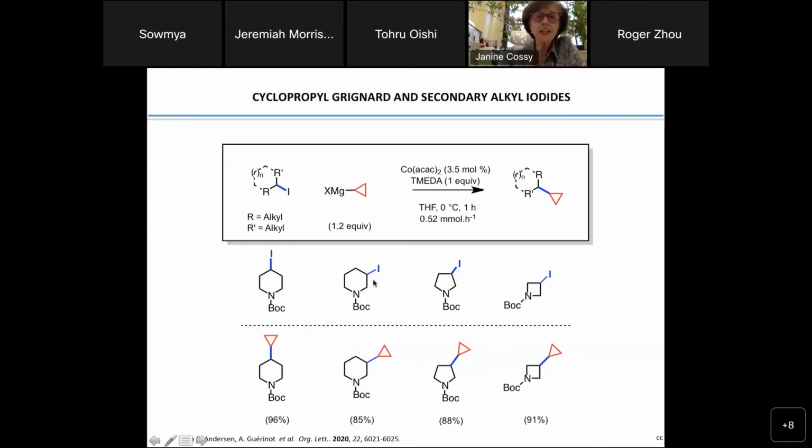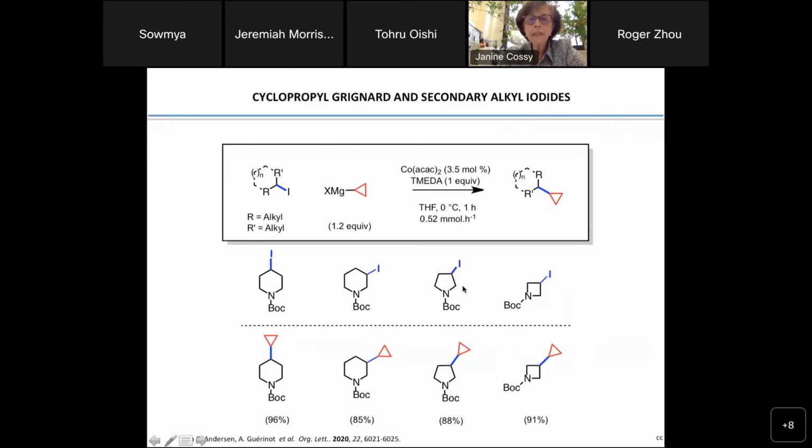And more challenging is this piperidine with a 3-iodo group at this position. Here also, the yield is pretty good. You can introduce the cyclopropane with a yield of 85%. And in fact, I'm sorry, you do not have the elimination of the iodide under this condition.